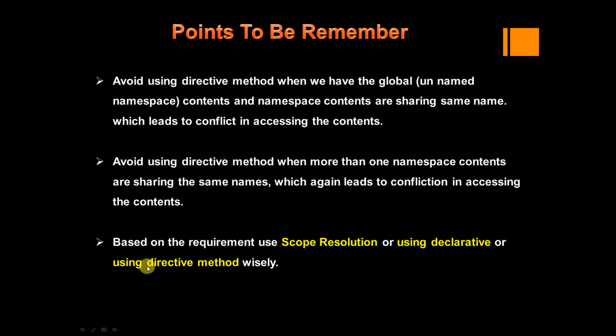So here, based on our requirement in the project or in the code, we have to decide which method is suitable, whether scope resolution, using declaration, or using directive. We have to take a decision wisely on this.